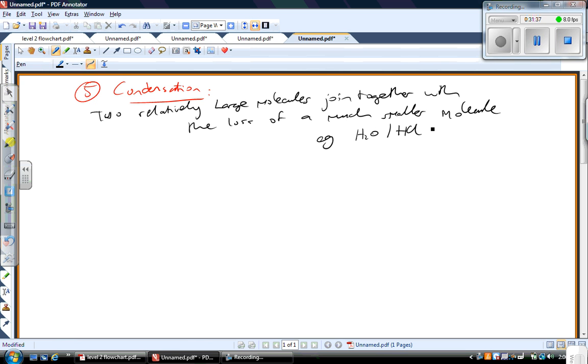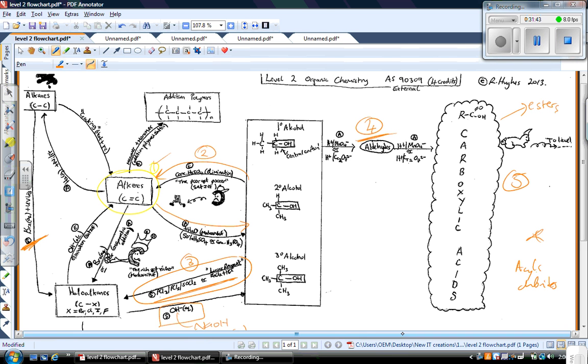Two good examples. Let's quickly go back to the flow chart. The level 3 flow chart would illustrate this better, but if you have a carboxylic acid plus an alcohol, you will make an ester, which is a condensation reaction. If you have an acyl chloride plus an alcohol, you will also form an ester, which is a condensation reaction too.